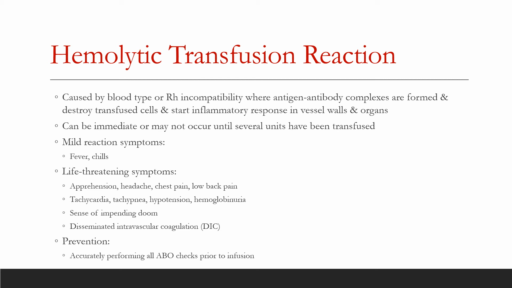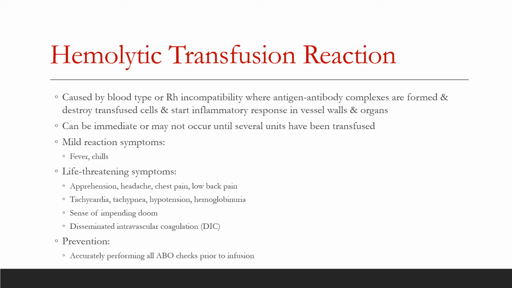Now, when it gets to the point of headache, chest pain, low back pain, tachycardia, tachypnea, hypotension, hemoglobinuria, so that's the red blood cells in the urine, and a sense of impending doom, that is because the broken up cells clotted and are throwing clots into the lungs. So you get those little micro pulmonary embolisms, and they get that sense of impending doom. You can also have disseminated intravascular coagulation, DIC. So this can occur due to the hemolytic transfusion.